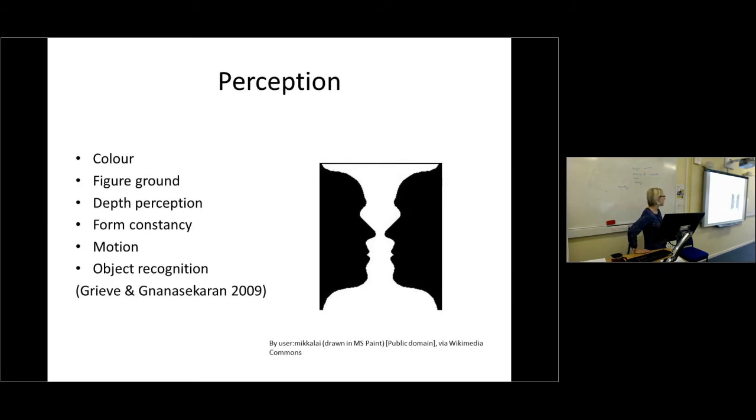And things like figure ground and depth perception can become really important with people's movement. So if someone has impaired depth perception, then they're going to have more difficulty with steps and stairs, curbs, and uneven ground, because their visual information, this is all about visual perception, is confusing in terms of the sensory input that they're getting.